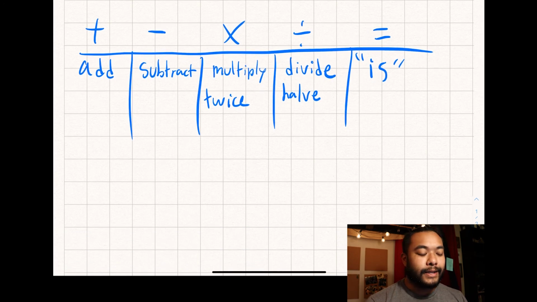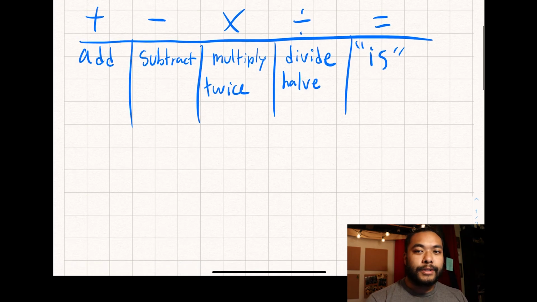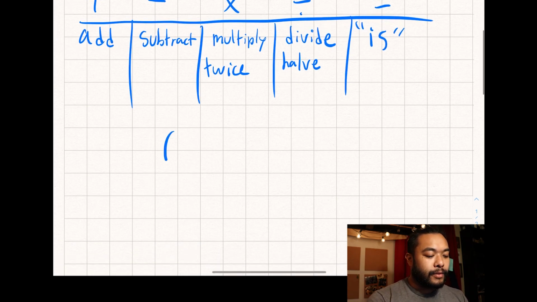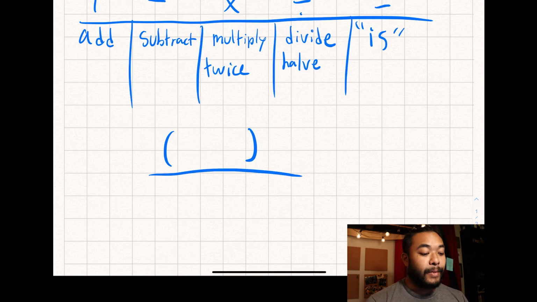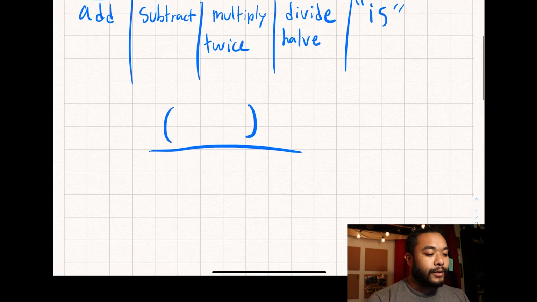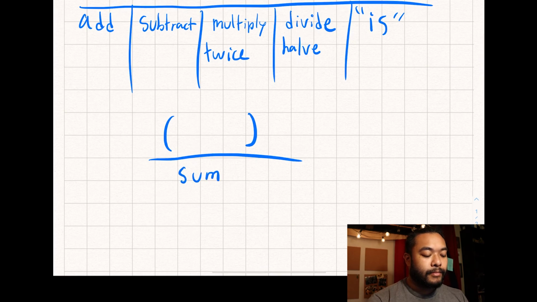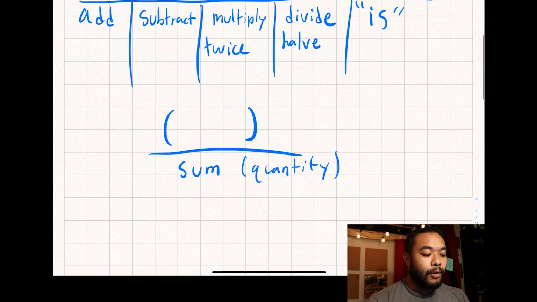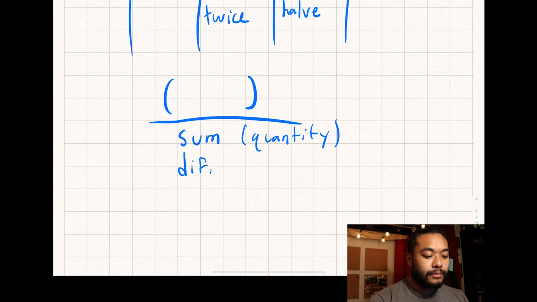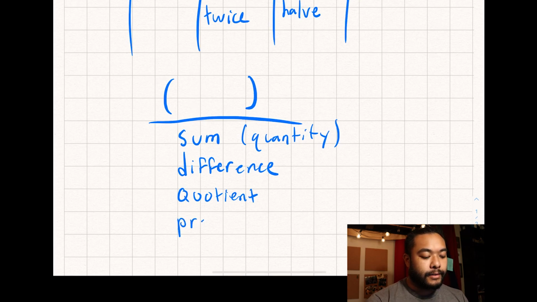that I wish I did is that there are specific words that tell us we should have parentheses and maybe something in between. So words like sum, or maybe quantity for addition, or difference, or quotient, or product.